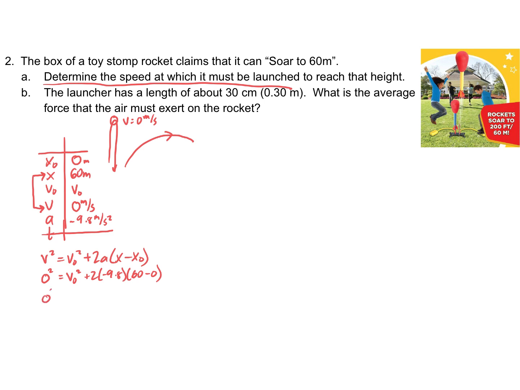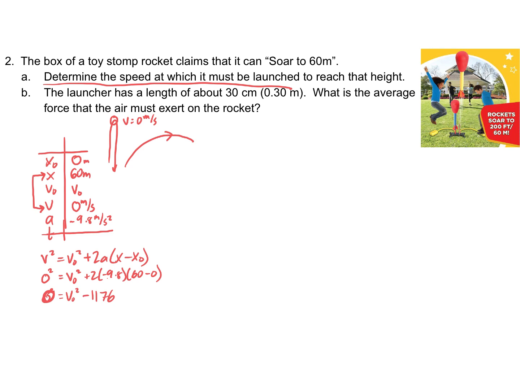So I've got 0 squared equals V naught squared. So I guess the 0 squared is just 0. That's fine. And then I've got a minus 1176 here because it was a negative times a couple of positives. I'm going to add the 1176 over to the other side, and then I'm going to square root it.